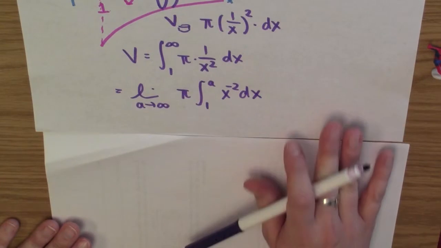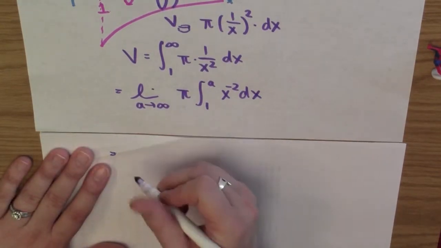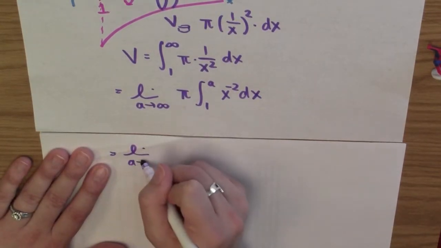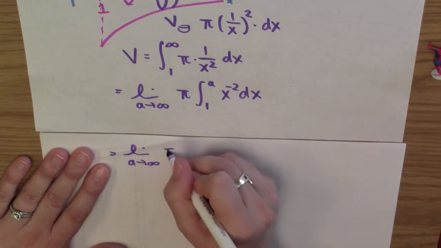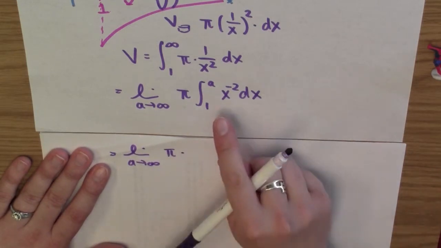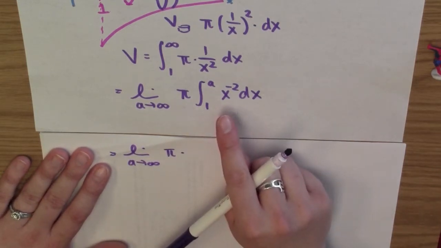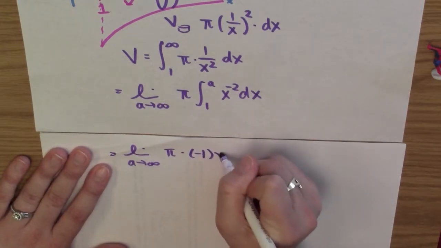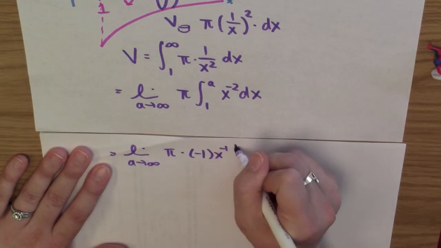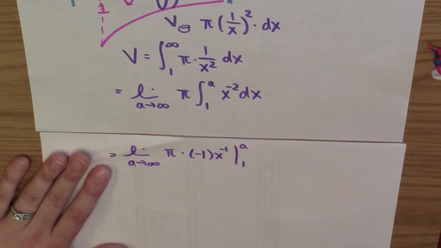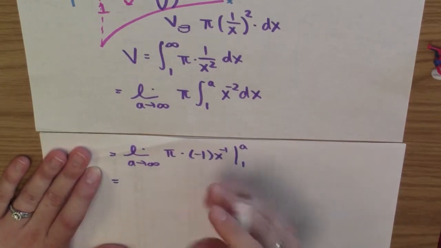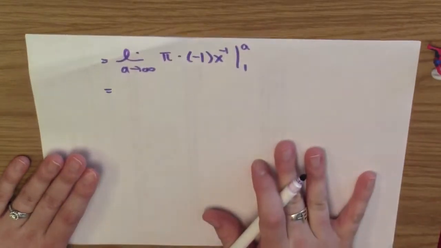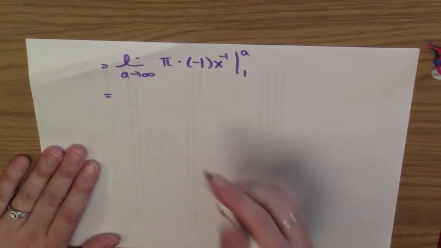And what I get is I have still the limit as a approaches infinity. I have pi, that's my constant. If I integrate x to the -2nd, that's just a power of x, so I get -1 x to the -1, and I'm going to evaluate this thing from 1 to a. So I get the limit as a approaches infinity.